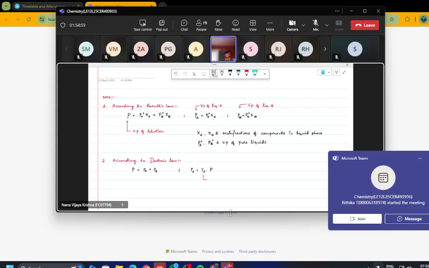YA, YB are mole fractions of gases. And Dalton's law is applicable for a mixture of gases. A mixture of non-reacting gases. Raoult's law is applicable for a mixture of non-reacting liquids. This is applicable for a mixture of non-reacting gases. These are mole fractions of components in the vapor phase.